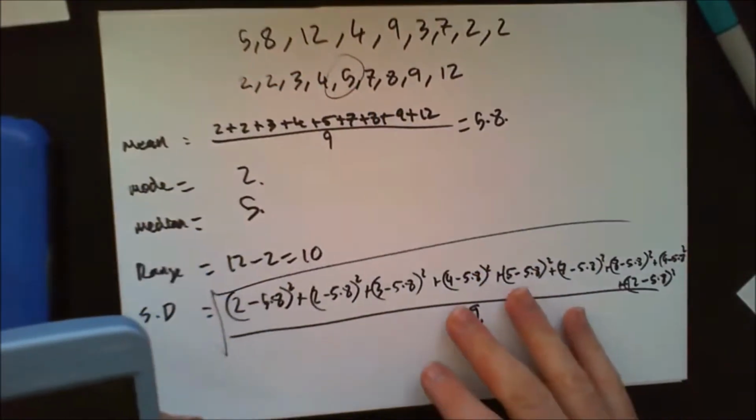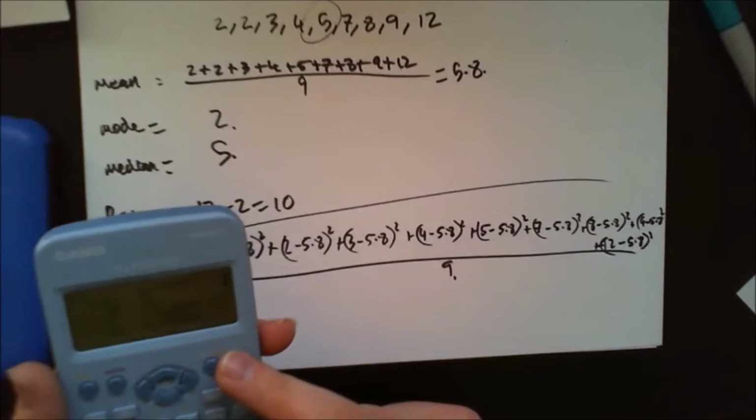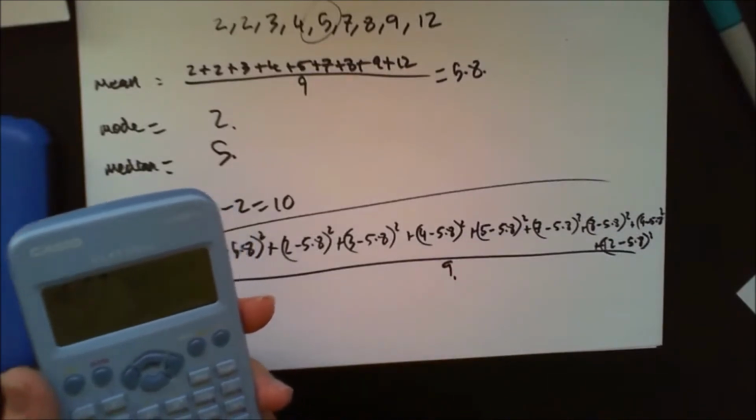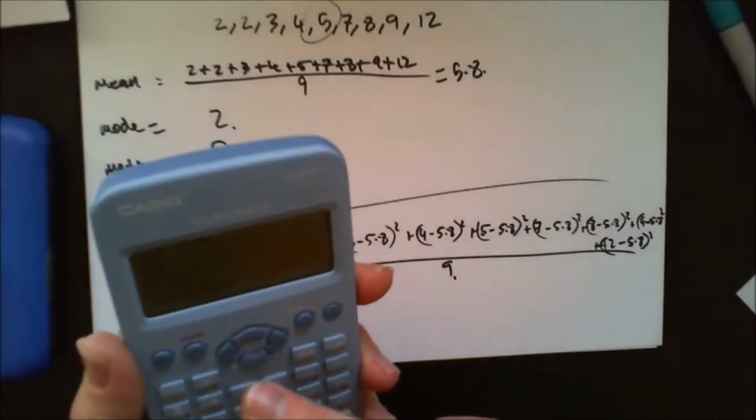So I am going to do this sum. And if I get 3.25, well, we're away in a hack, lads. Okay, so let's give this one a go. Mod 1. Square root, fraction button. Put 9 on the bottom.